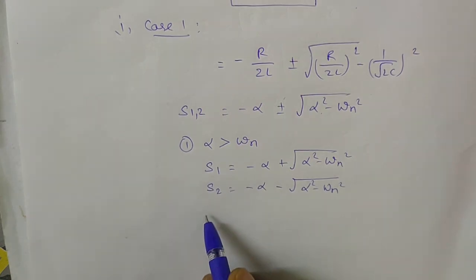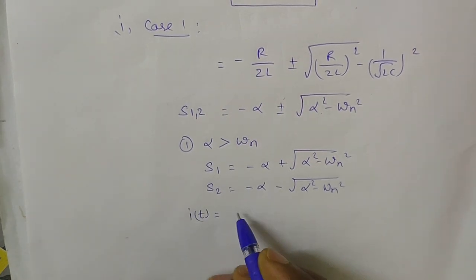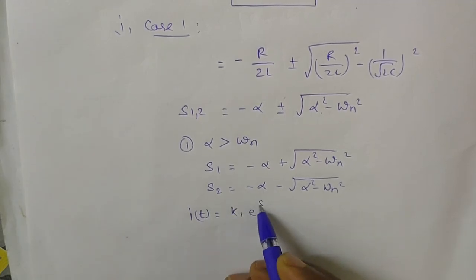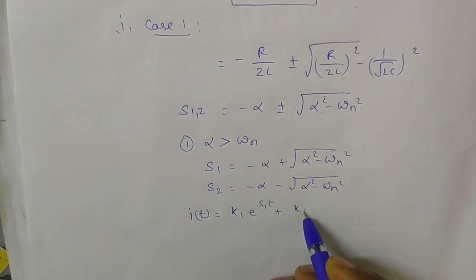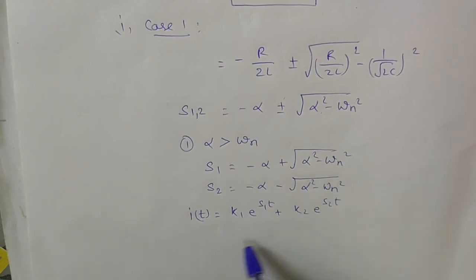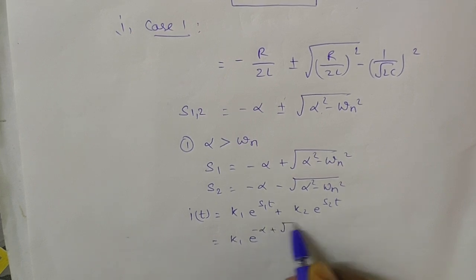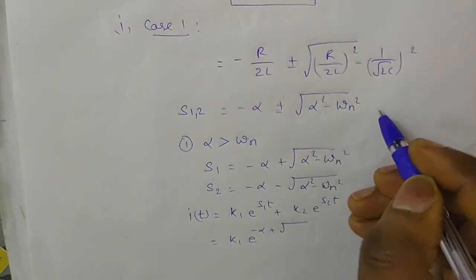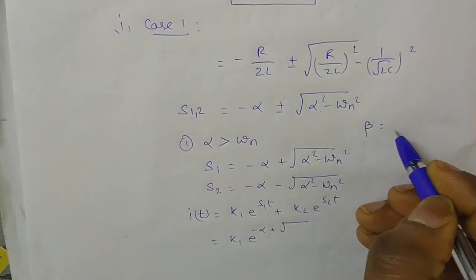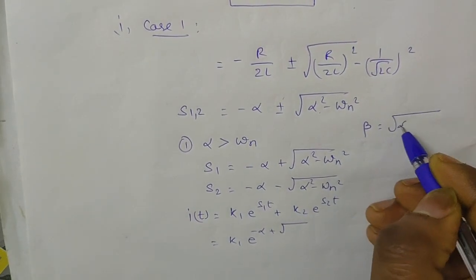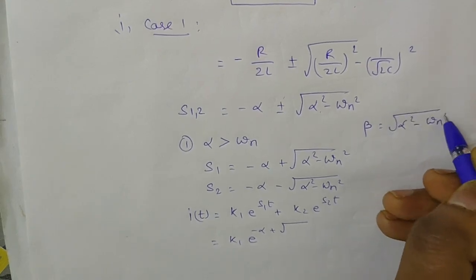Two roots. We will put this in the equation we got: K1 e power S1t plus K2 e power S2t. By placing S1 and S2, K1 e power minus alpha plus under root of... simply we can write beta is equal to under root of alpha square minus omega n square.